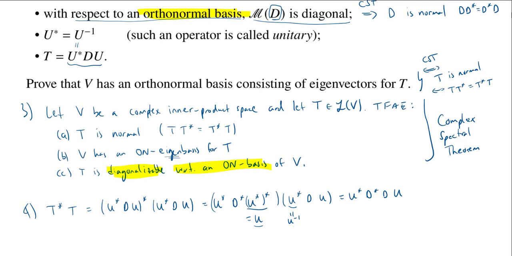So D D star and D star D are the same, so I can take this D D star and rewrite it as D star D. Now I can play this game. I'm going to stick the U's back in. So I put U star D, and now I'll put the U inverse inside. That doesn't change anything. D star U.